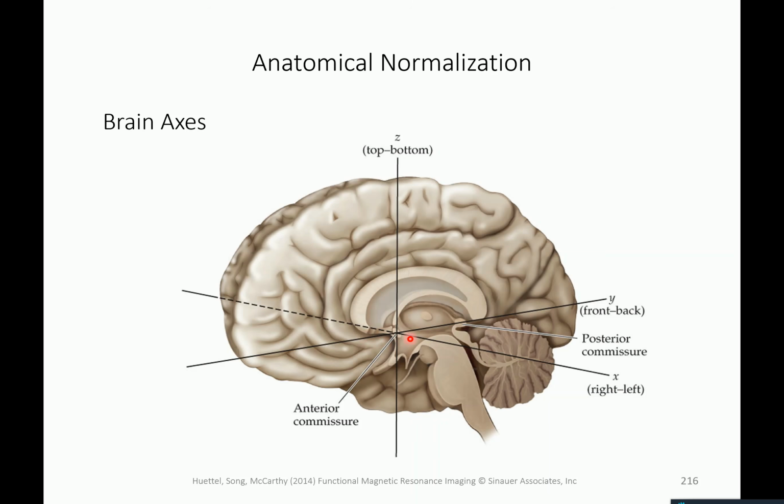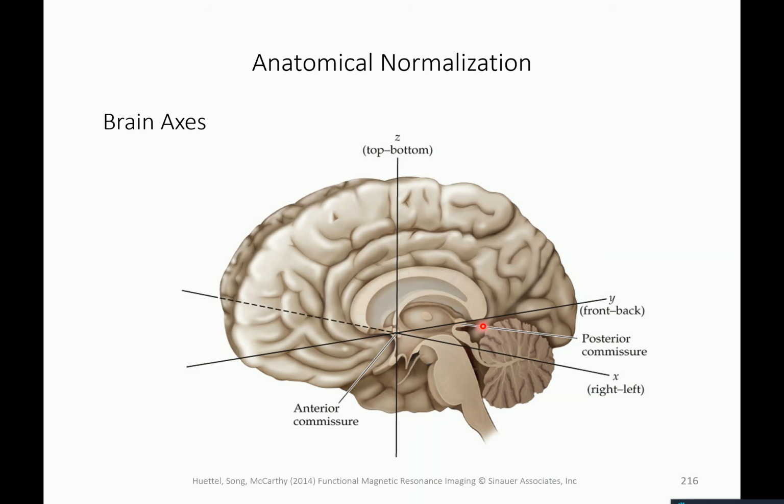Now, this actually shows already how essentially all common brain spaces are defined. The 0 point in a brain space is always the anterior commissure, and the XY plane is arranged in the plane of the line connecting the anterior commissure and the posterior commissure.